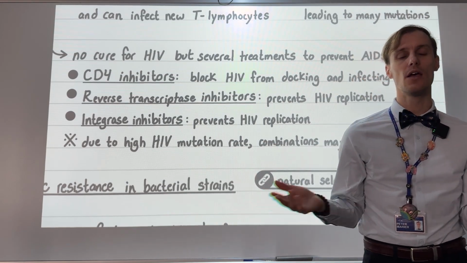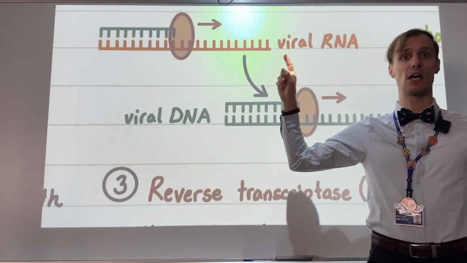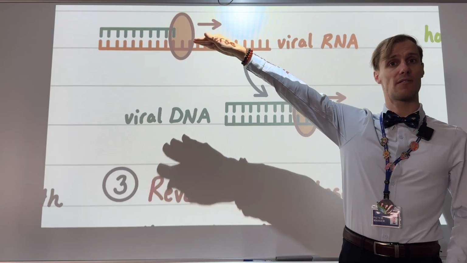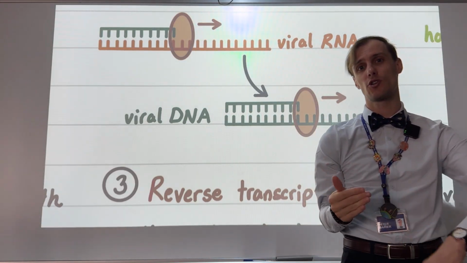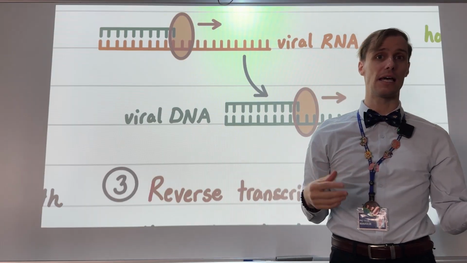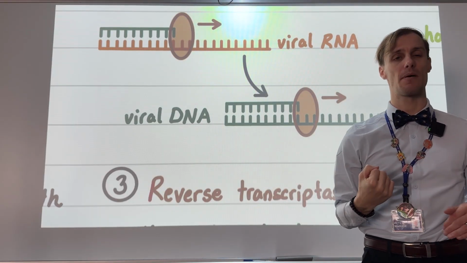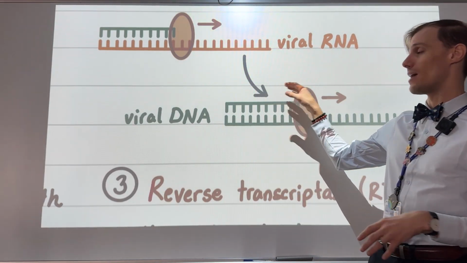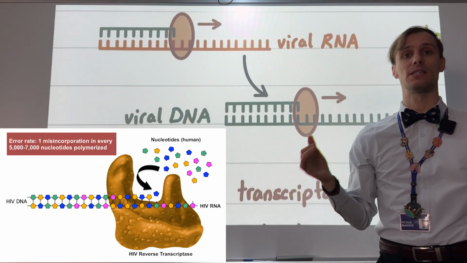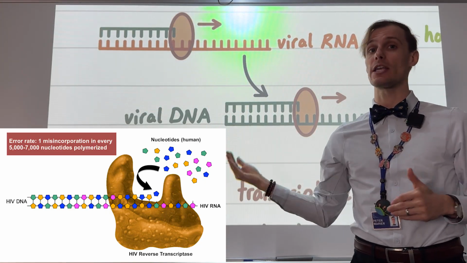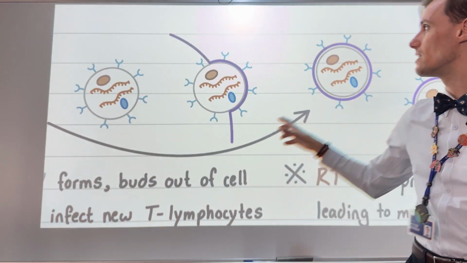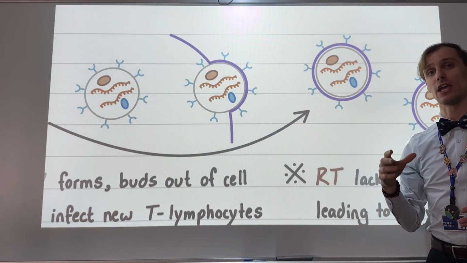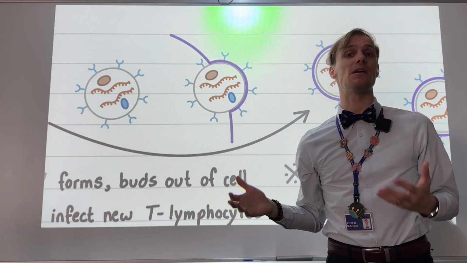What's going on? Well, during the process of converting single-stranded viral RNA into double-stranded DNA, reverse transcriptase, unlike other enzymes, lacks any proofreading capabilities. That means that it actually makes a number of mistakes or mutations fairly often. That means that there are potentially many different versions of HIV being made in the same individual.